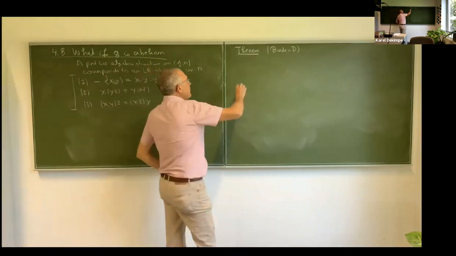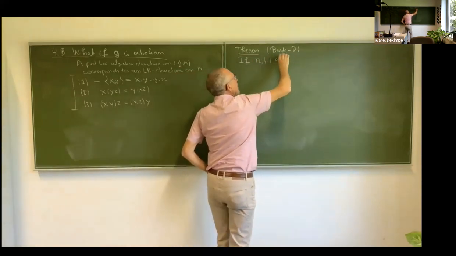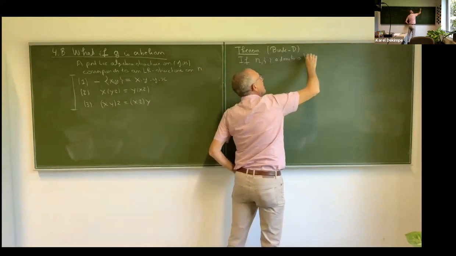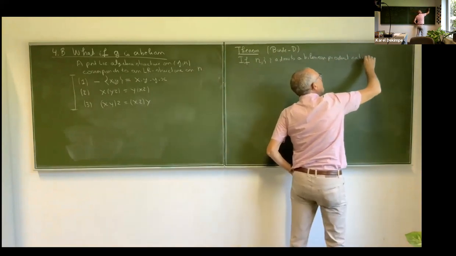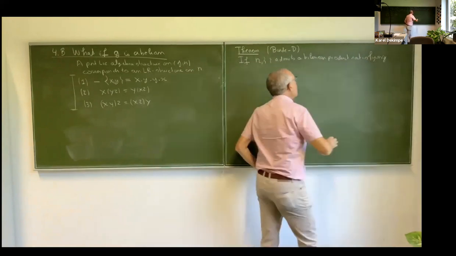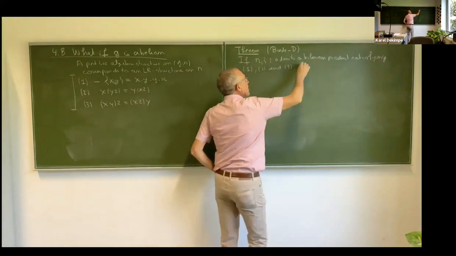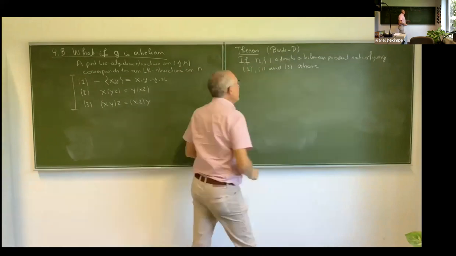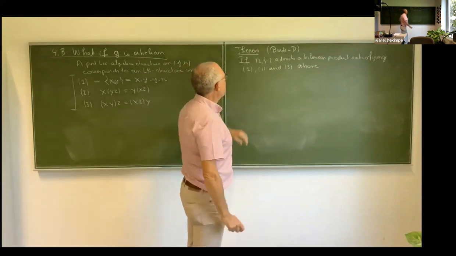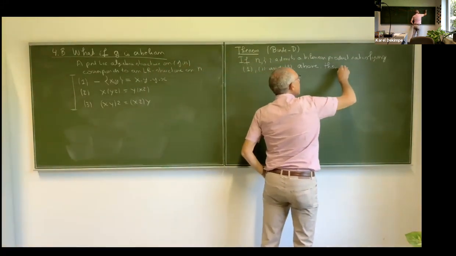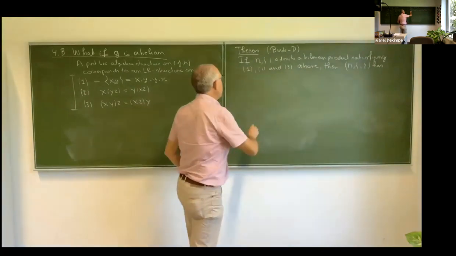So the result says the following: if N, let's say, admits a bilinear product satisfying 1, 2, and 3 above, so actually meaning that it admits a left LR structure, then the Lie algebra N has to be two-step solvable.